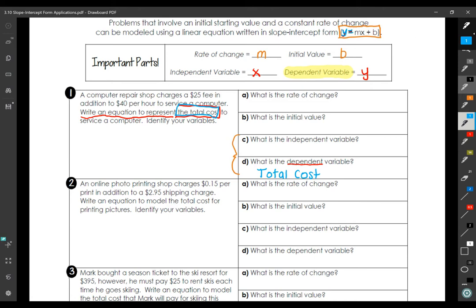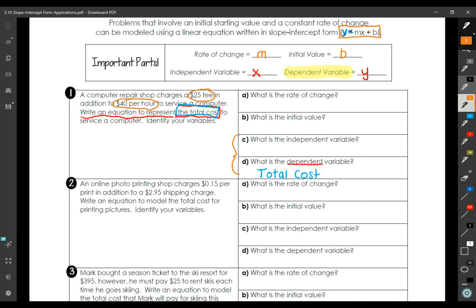And then now our independent variable. So what is something that influences cost? Well, I can see that I have two parts to my price. I have a $25 fee and I have $40 per hour. So my $25 fee, that's fixed. No matter what, I have to pay that fee.